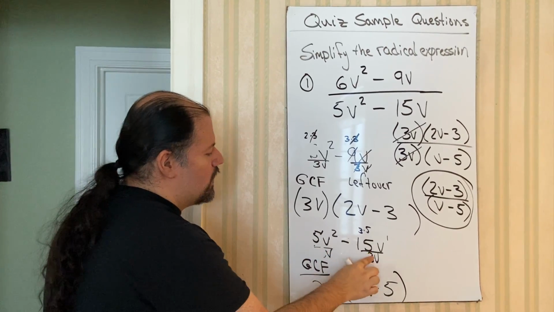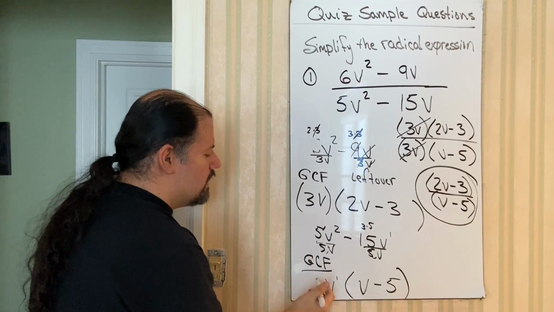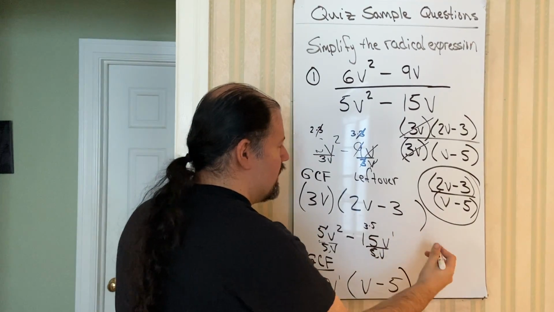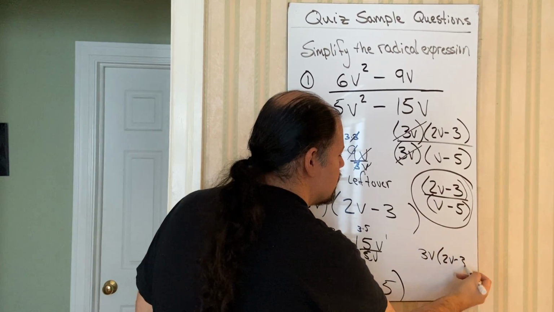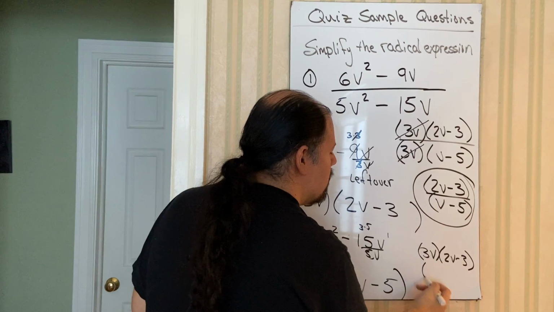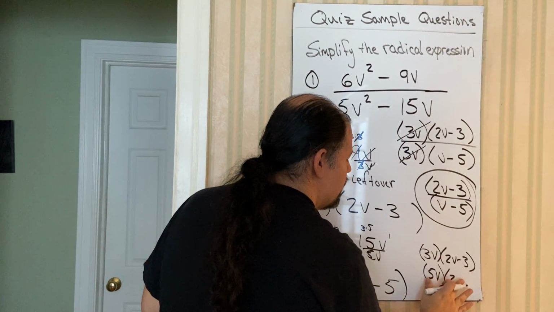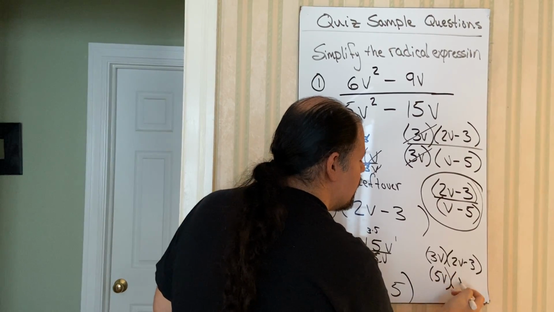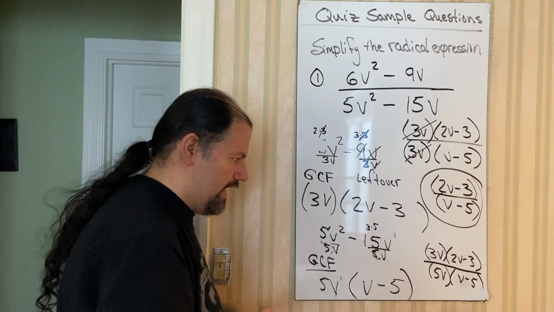And the reason why I'm pointing this out to you is because what happens if you had this on top, 3v, 2v minus 3, but a 5v and a v minus 5? What happens if you had that?